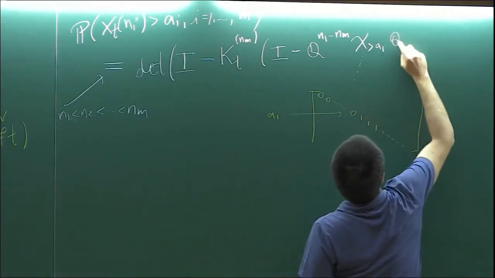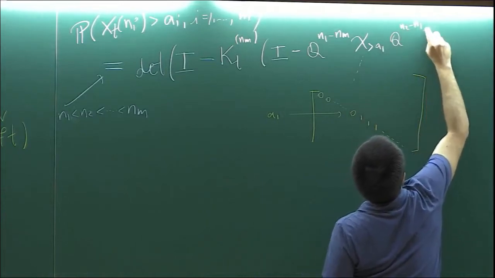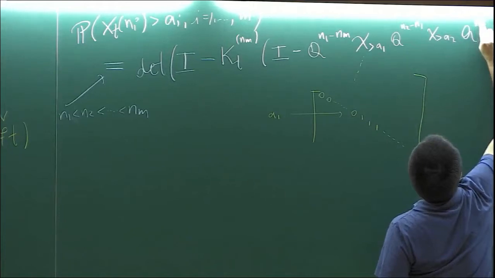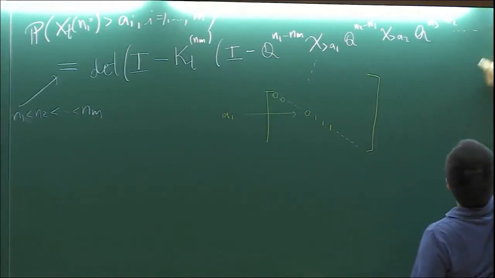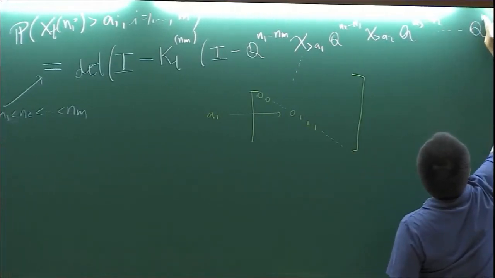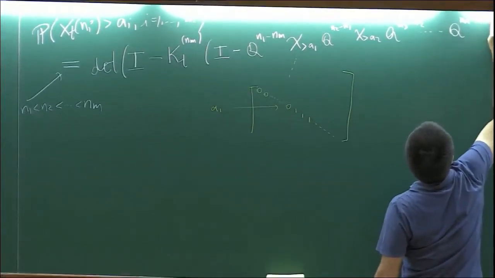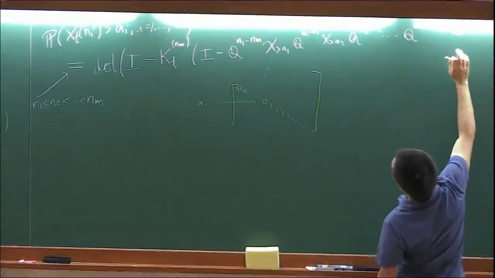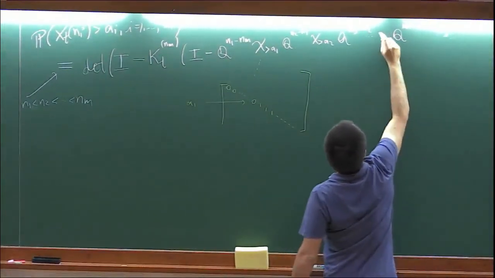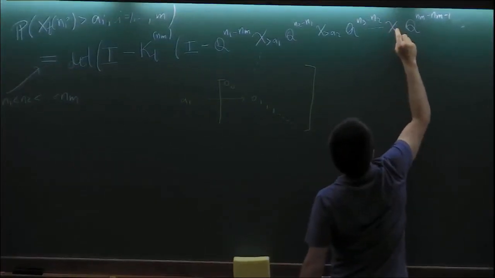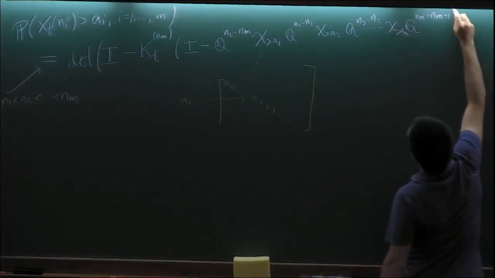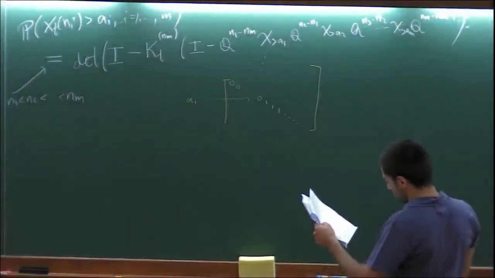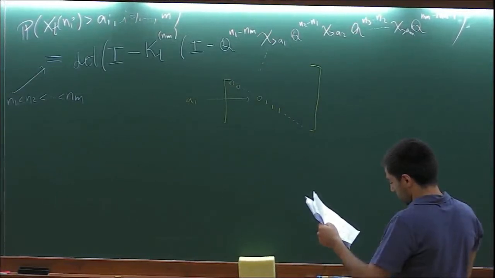So you get this, and then you keep going. So N2 minus N1, psi, now I project above A2, Q, N3 minus N2, and so on. And then I get Q, NM minus NM minus 1, psi, psi larger than AM, and I do that. Is that right?